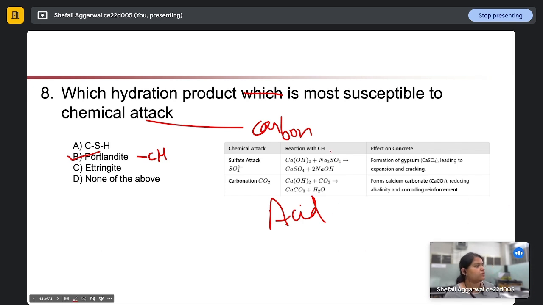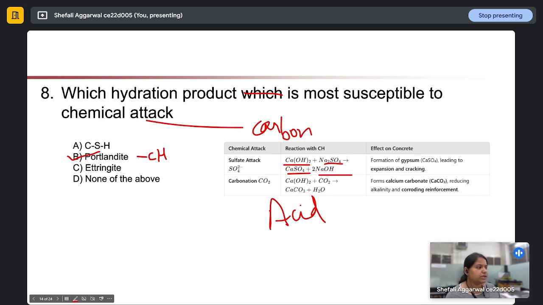Whenever there is a sulfate attack, this calcium hydroxide will react with sulfates and form calcium sulfate and sodium hydroxide. Because of the formation of calcium sulfate, there is an expansion in our concrete, which will create cracks in the concrete.